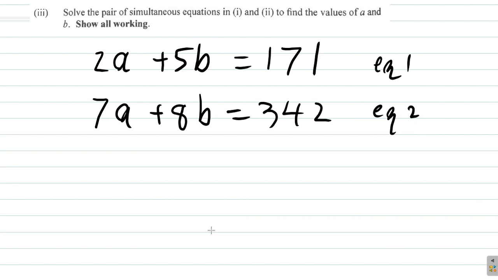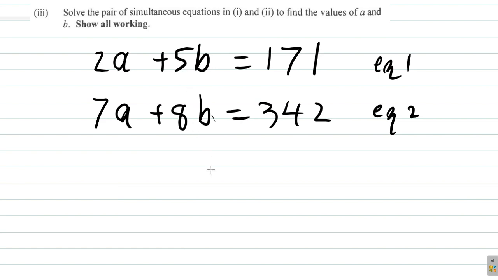Let's see now. Suppose you add equation 1 and equation 2. What would happen? Well, if you do that, you're going to have 2a plus 7a gives you 9a. A would still be there.